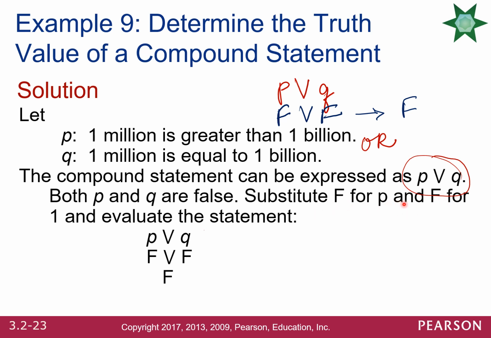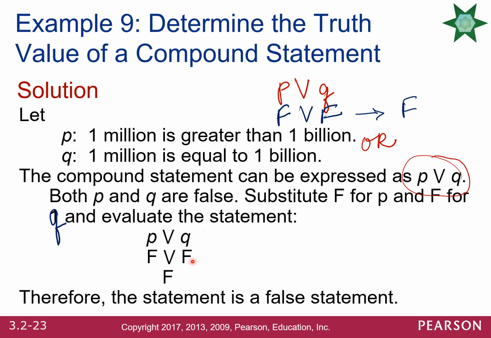It's F for P and F for Q. That's what it should be. This should be a Q, all right? Anyway, so they work it out here. P or Q, F or F results in an F in a disjunction. So that is the final answer. So that's a way of determining the truth value of a compound statement without creating a full-fledged truth table.